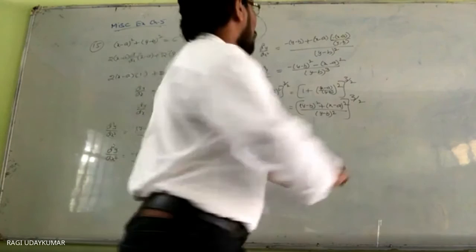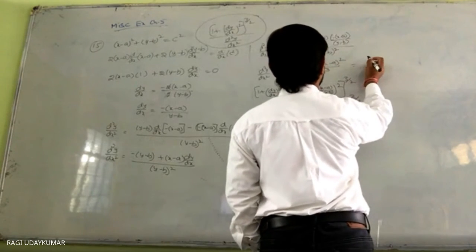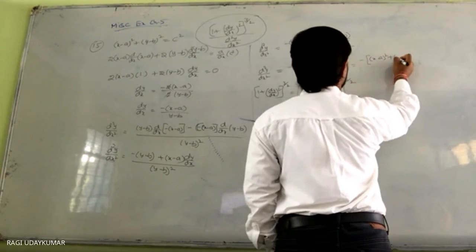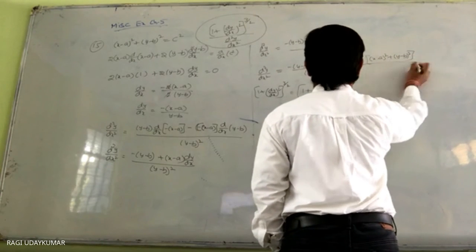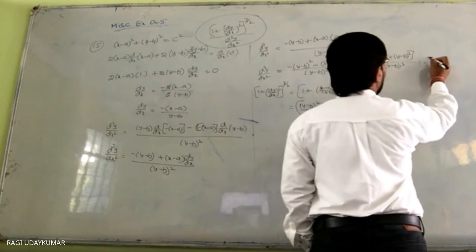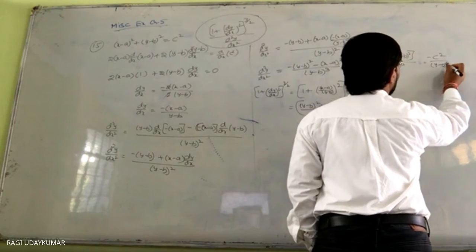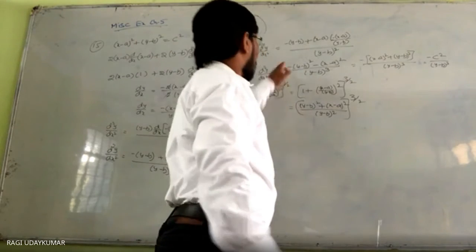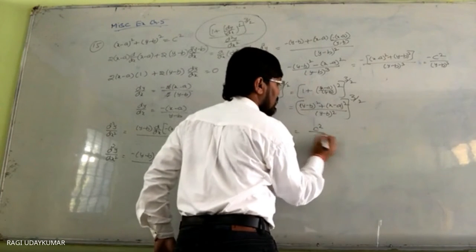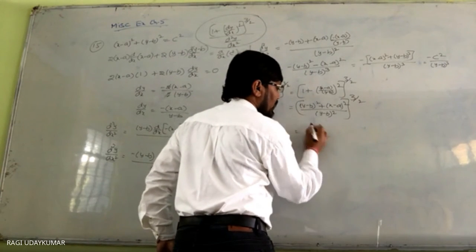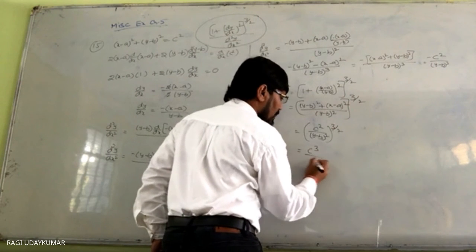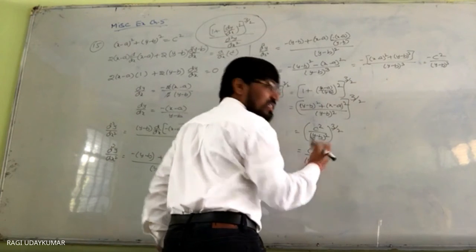So here also, taking minus common, (x minus a) whole square plus (y minus b) whole square by (y minus b) cube, this is minus c square by (y minus b) cube. This is the denominator. Numerator separately: c square by (y minus b) whole square, whole to the power of 3 by 2, which gives c cube by (y minus b) cube.